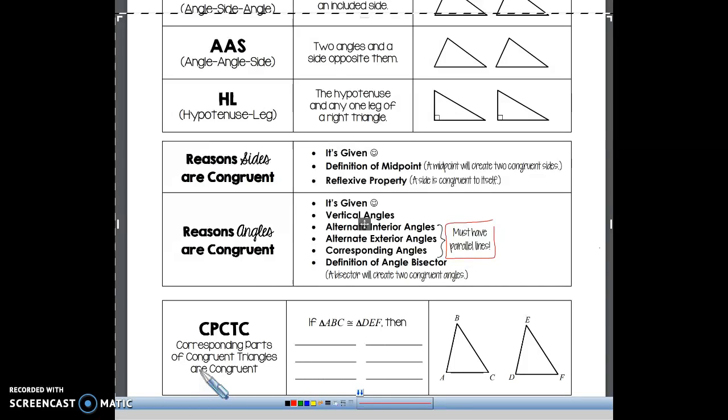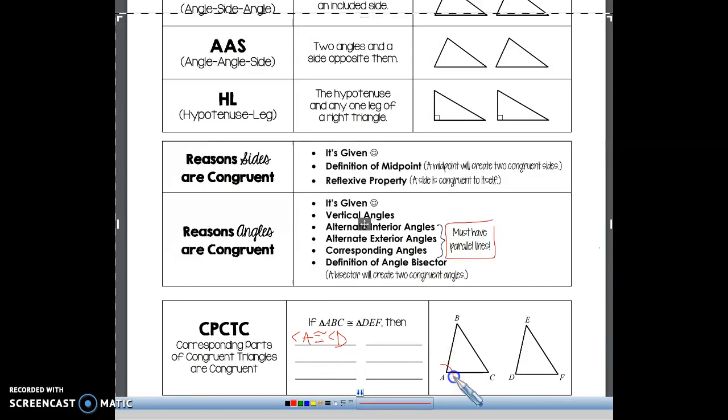So if we look at this picture, let's talk about if these 2 triangles are congruent, and it says if triangle ABC is congruent to triangle DEF, so I do know that they're congruent, then we can name the 6 sets of corresponding things. So if I'm talking about angles, I know that angle A would be congruent to angle D.